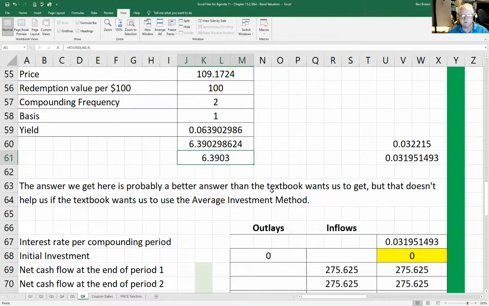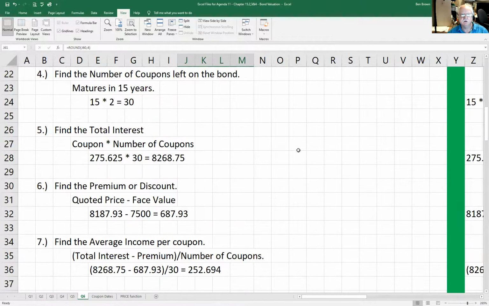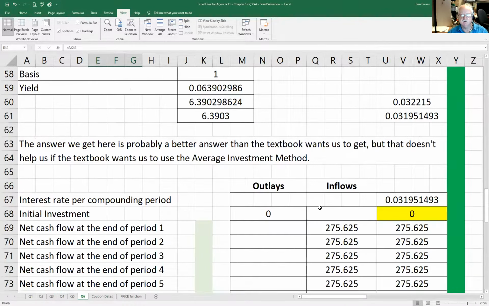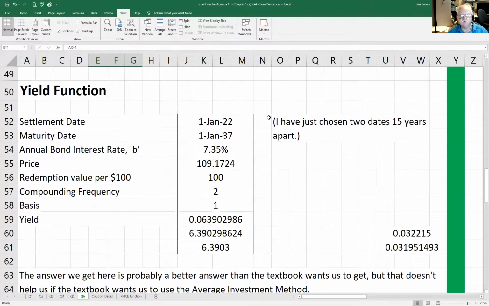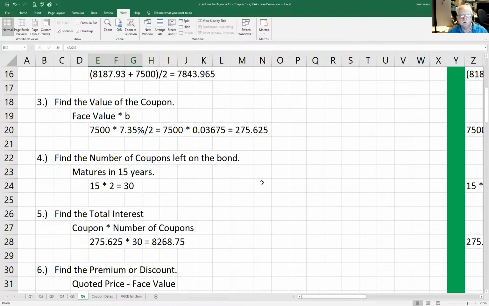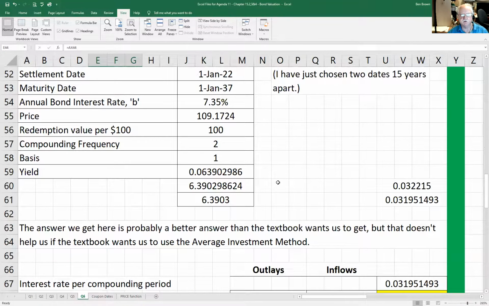But the bad news is in the textbook, they want us to use this whole process, and the answer they're expecting is this approximation. So you're going to run into places where you wish you could do this, but you're going to have to do this whole process that I've put in the formula sheet.